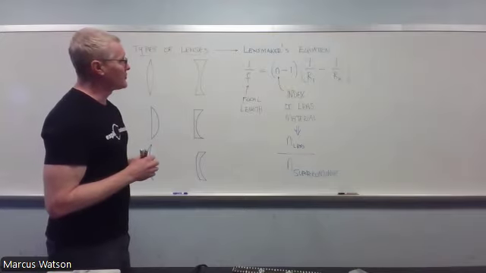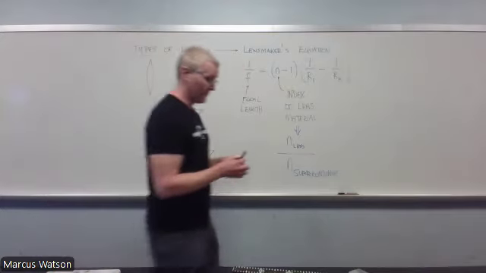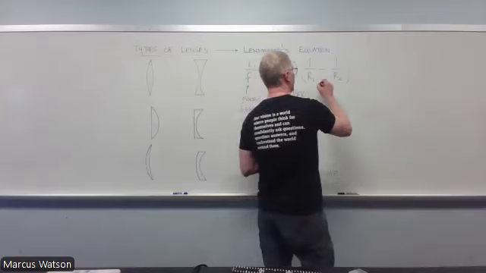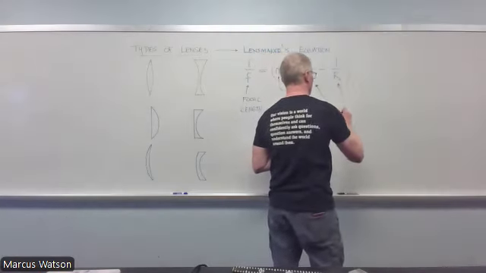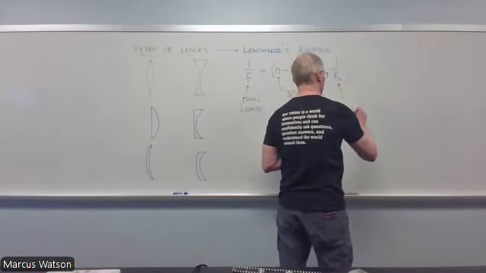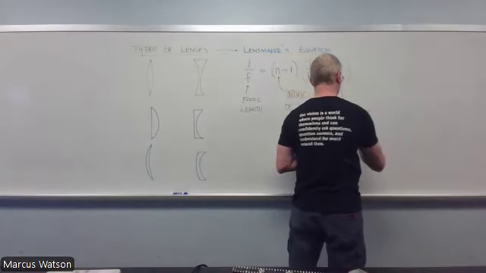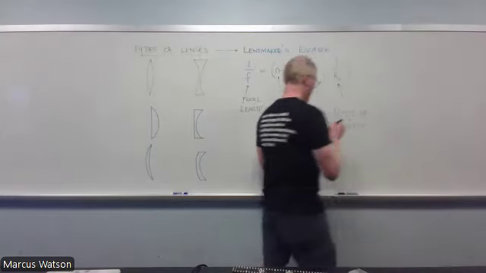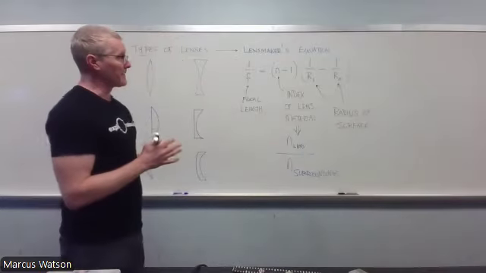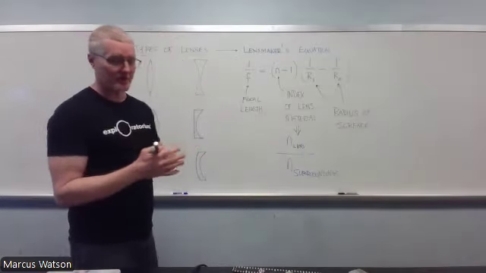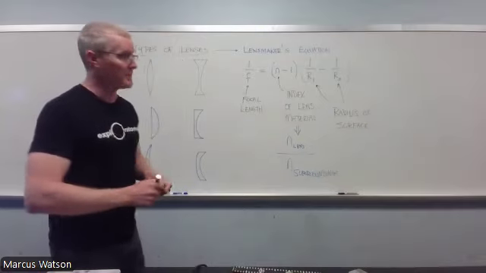Okay, so what about the R's? These are the radii. That's the radius of the surface. The question is, which one's which? We've got an R1 and an R2, so we need to come up with a convention.